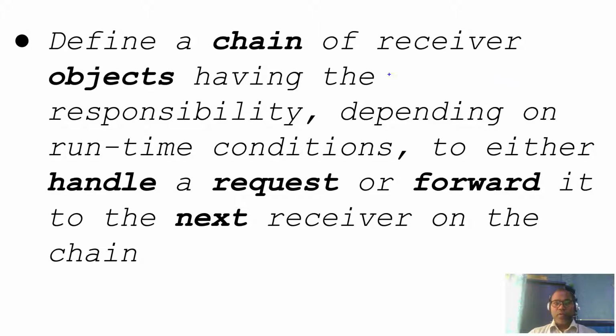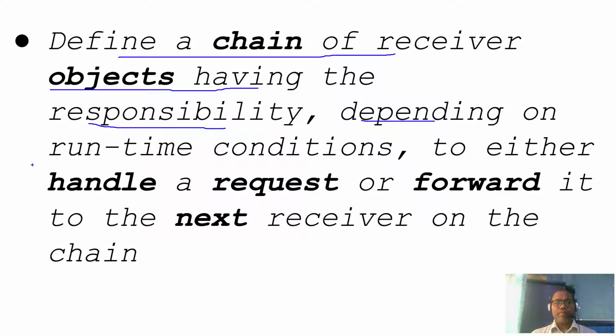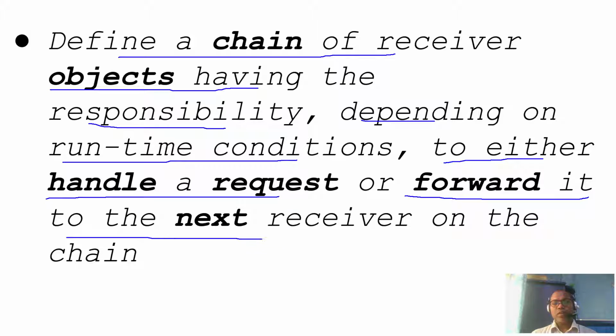As per the theory, this design pattern defines a chain of receiver objects having responsibility, depending on runtime conditions, to either handle a request or forward it to the next receiver.